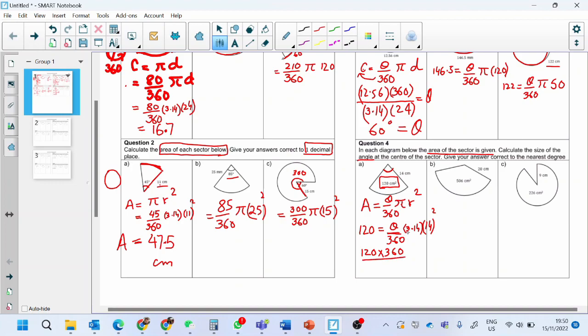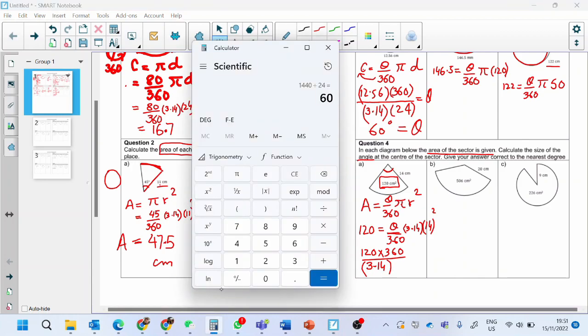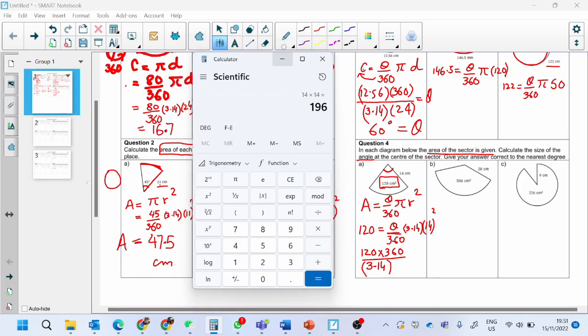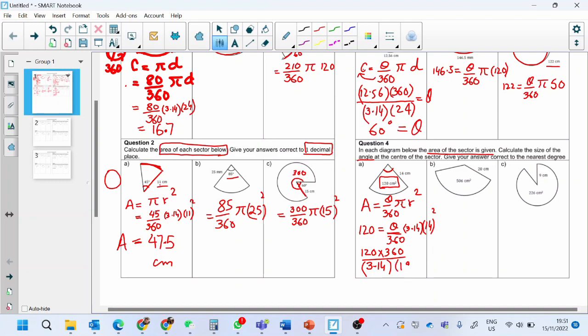Divided by 3.14, which is multiplying here, so it will go down and divide. And then 14 times 14 is also multiplying here. When it goes to the other side of the equation, it will also divide. So 14 times 14 gives us 196. So this should give us the angle theta.